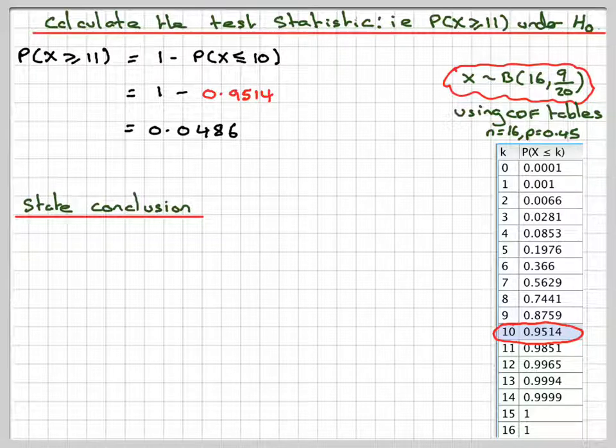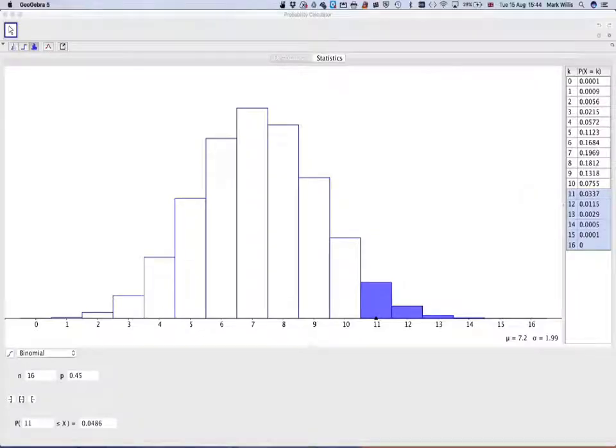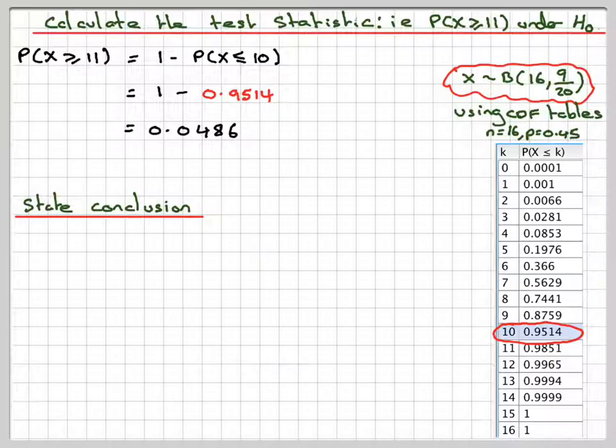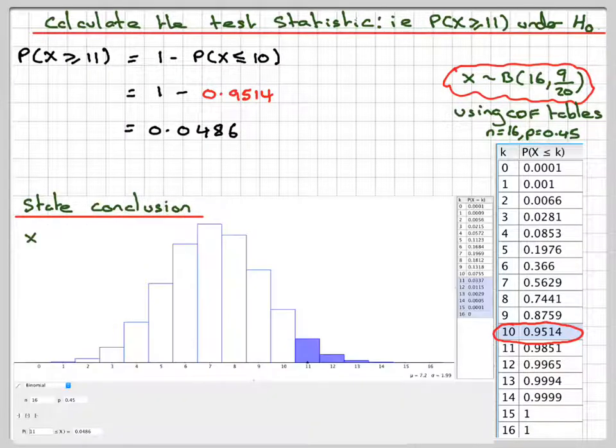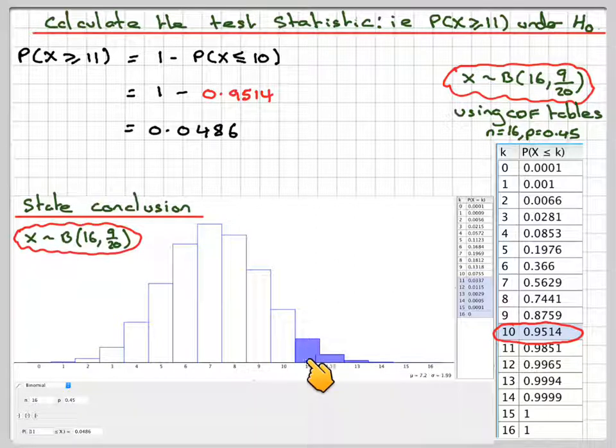To get to the conclusion, we wouldn't always draw a graph, but we're going to use this graph here, again generated by GeoGebra. So we've got X is binomial 16, 9 20ths. We want greater than or equal to 11, so we're going to do 11, 12, 13, 14, 15 and 16.